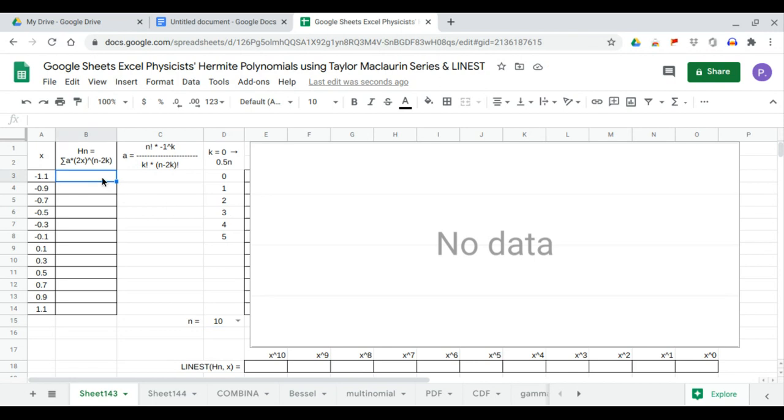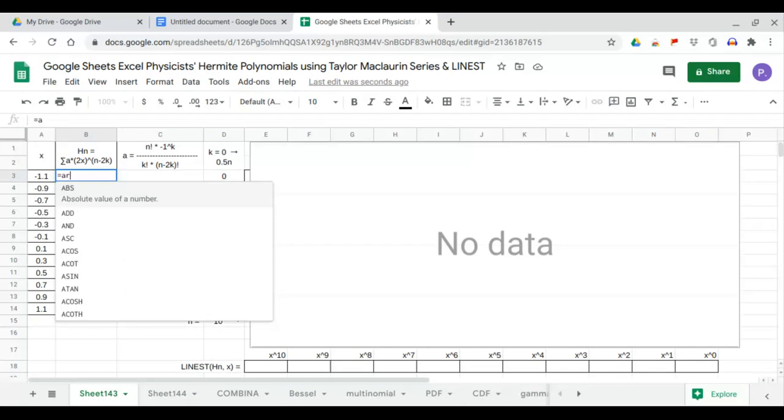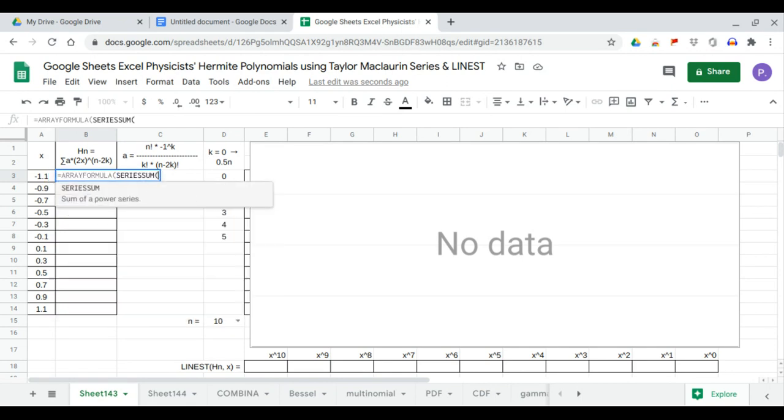Next, we enter the Taylor-Maclaurin SERIESSUM expansion of the physicist Hermite polynomial. So, formula SERIESSUM of this is 2x, so 2 times x raised to the power n incremented by minus 2k, so 2, 0, 2, 4, 6, so minus 2.